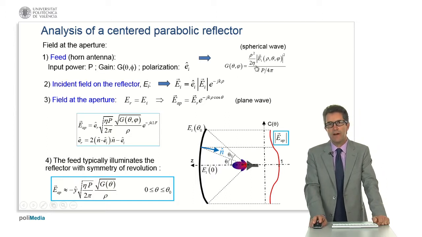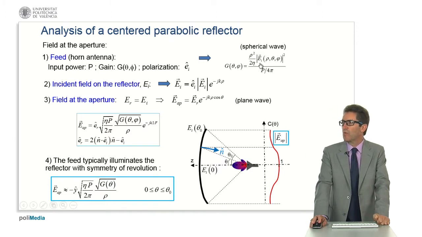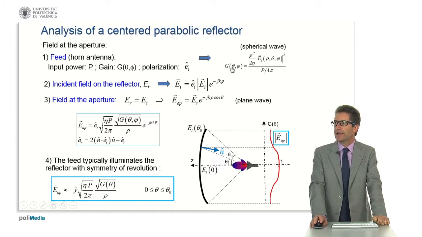So considering far field conditions, spherical wave, we can relate the gain to the power density flux, which depends on the incident field. So from these equations we have the amplitude of the incident field, and we will consider that it propagates from the focus to the reflector surface as a spherical wave, and this is the reason for this exponential phase term.